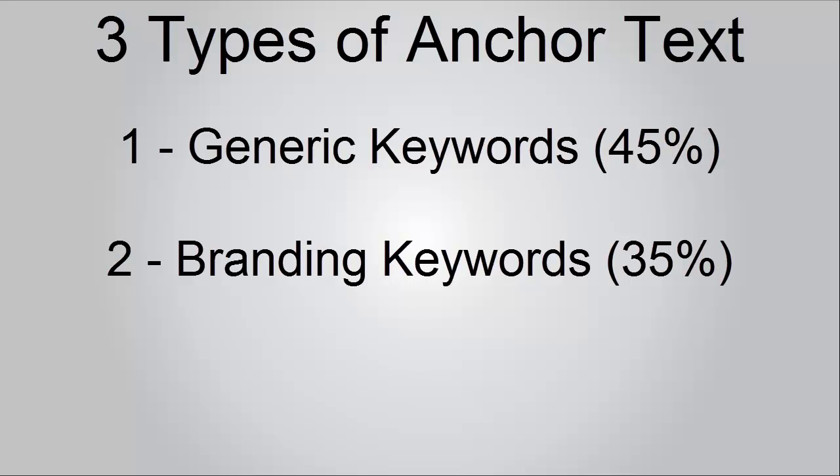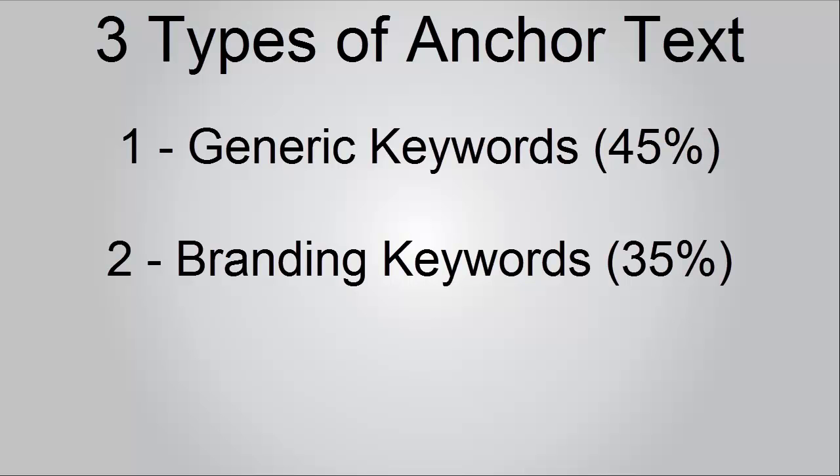You should be ranking for your website's URL, which is another example of a branding keyword, just using your plain URL without even really using an anchor text in that case, or using that as the anchor text, and using your site's name or anything about you that's related to you or your product. That's branding keywords, and you should have a good mix of those in there as well.